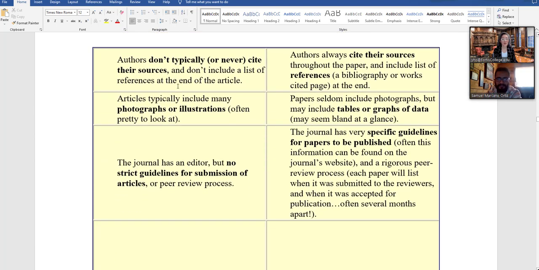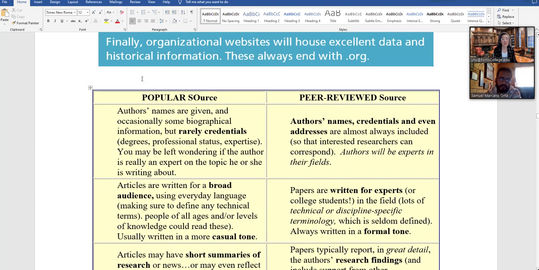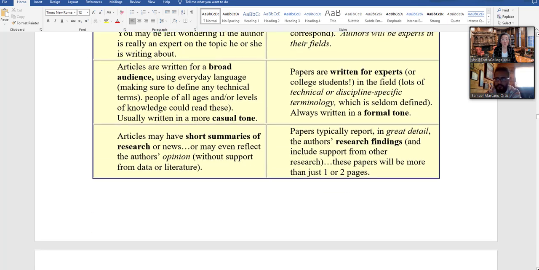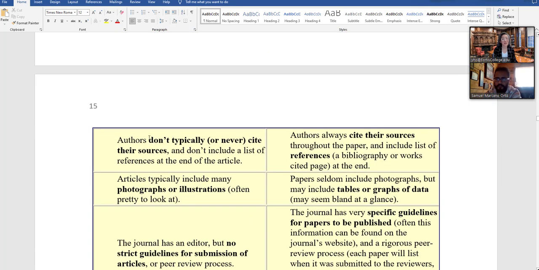And so here are some more. Here, authors don't typically cite their sources in popular sources. This is why Wikipedia, which is a popular source, is not considered reliable, because otherwise, if you have no sources, I could just make up anything I want. And so here you always have to cite your sources, not only to prove that what you're saying is true, but also to give credit to the researcher.